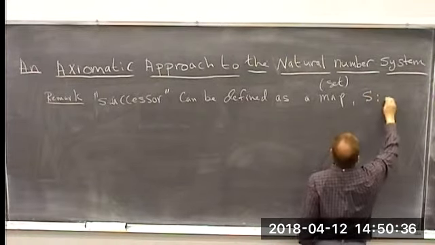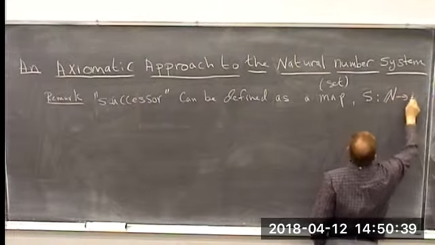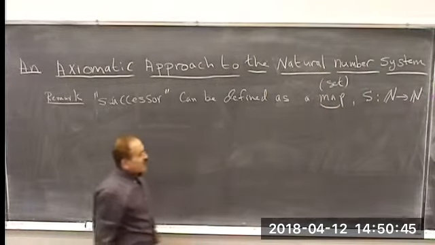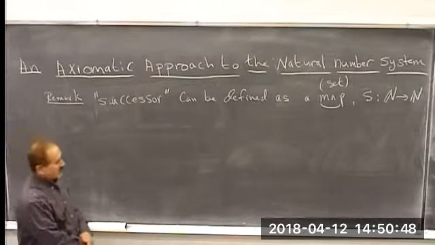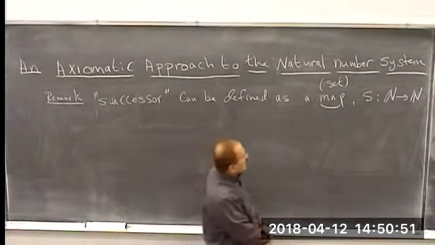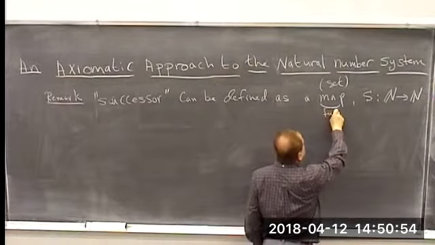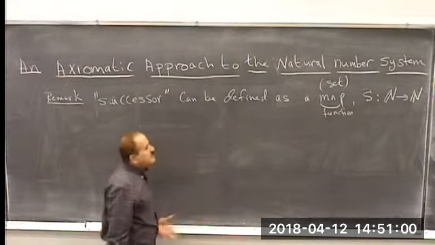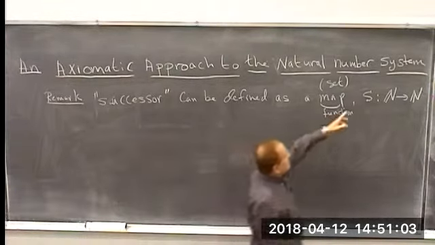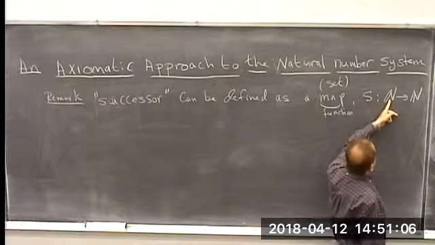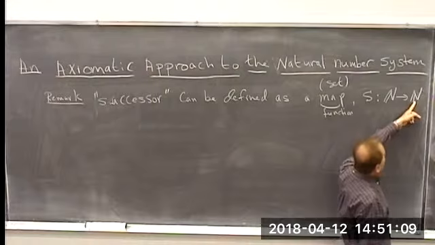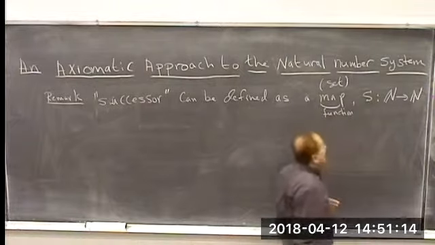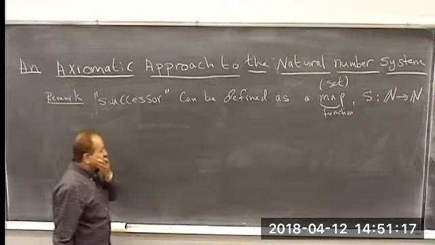S from N into itself. And by using this terminology, which we are familiar with from our experience in mathematics, a map or a function, another name for this, it's a rule by which S associates with every natural number, every element in here, one and only one element on the other end in here. That's exactly what the successor means. So in the language of maths, that's what it means.